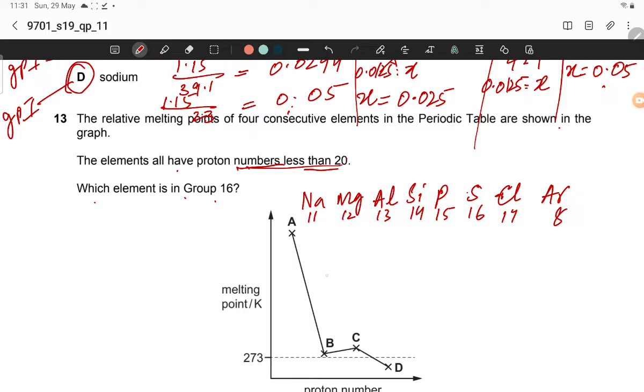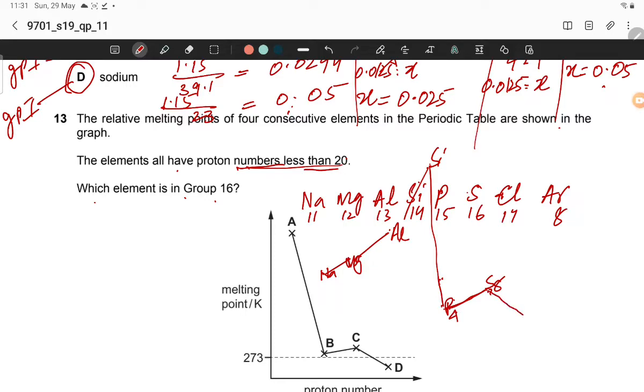Sodium has a lower melting point than magnesium. This is sodium, this is magnesium, this is aluminium, and silicon is a giant covalent structure. This could be silicon, and this is phosphorus. Phosphorus exists as P4 molecules, and sulfur exists as S8. So sulfur has a higher melting point than phosphorus.